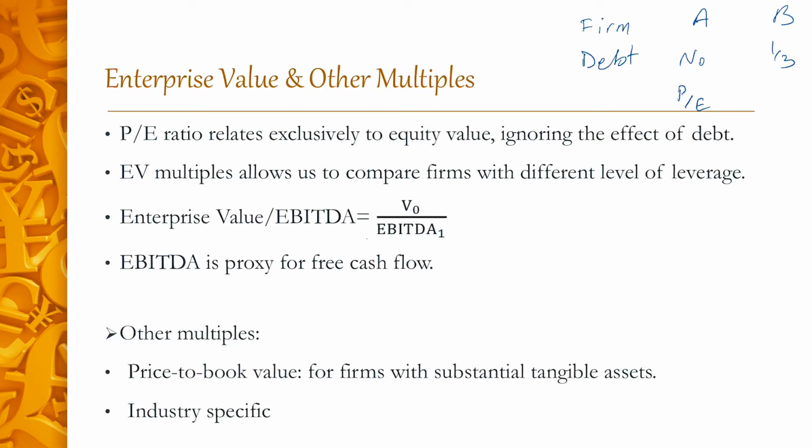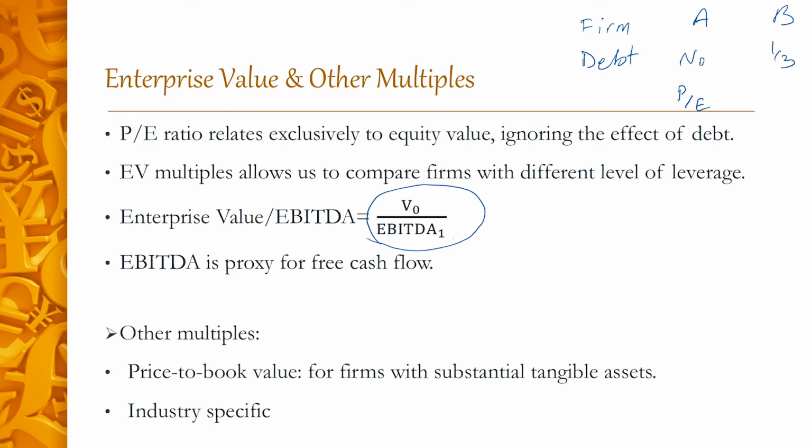One of the most common enterprise value multiples to use is enterprise value divided by EBITDA. The fraction that you see here is representing a forward enterprise value multiple, because we are using the expected EBITDA of a year from now.